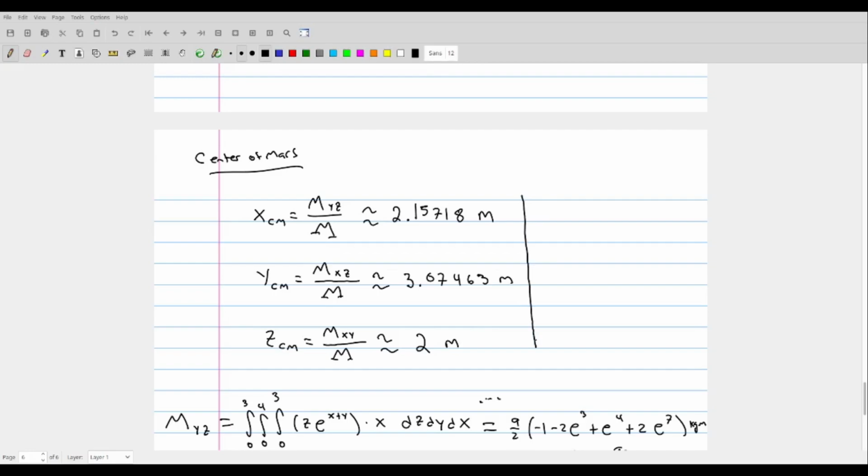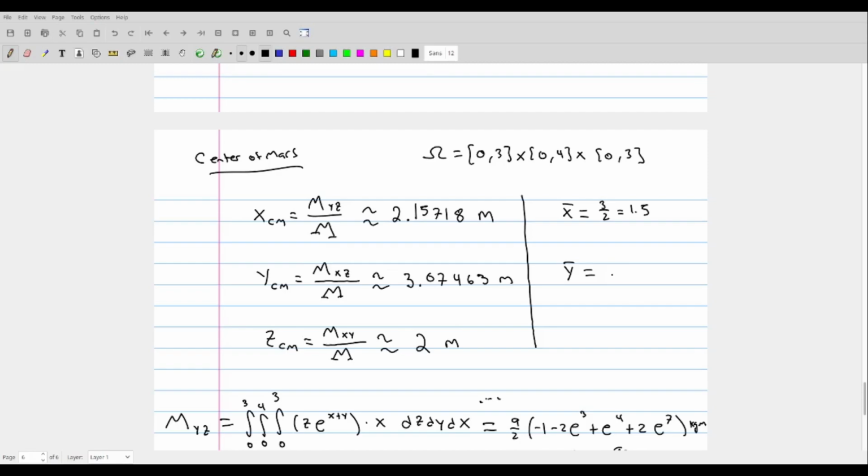So all of these are much different than that centroid that we talked about earlier. The centroid, remember the region is 0 to 3 in x, 0 to 4 in y, and 0 to 3 in z. So if you use those centroid formulas that we went over earlier, you'll get the x-coordinate of the centroid is exactly 3/2, or 1.5.